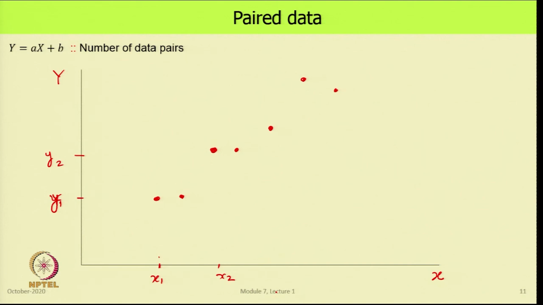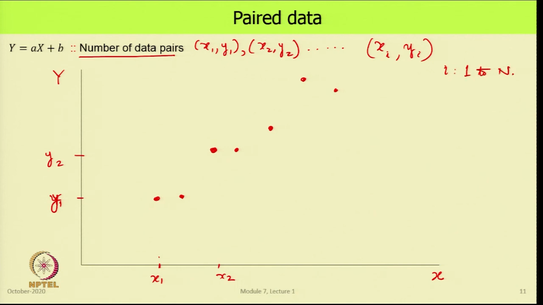So, we got say that many points, and this is our pairs of data that we work with, and so for this we have this many number of data pairs which we call x1 y1, x2 y2 and so on, xi yi, i goes from 1 to n.